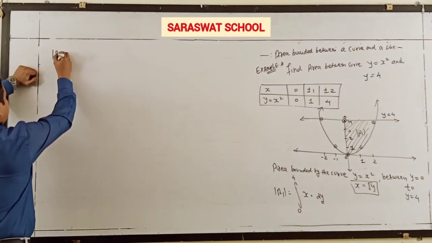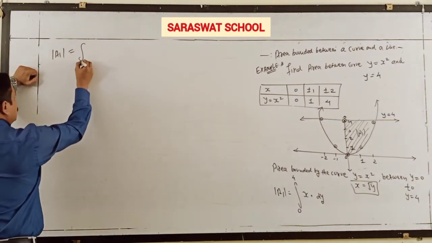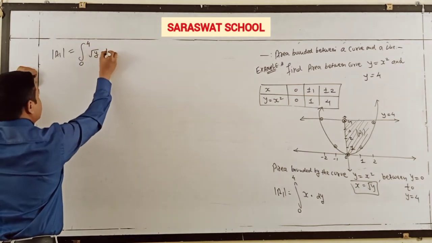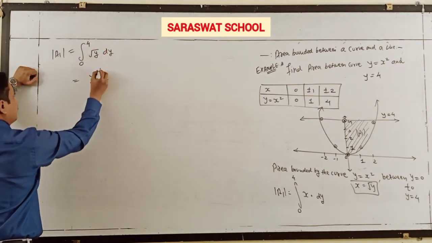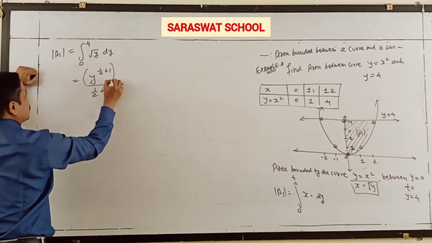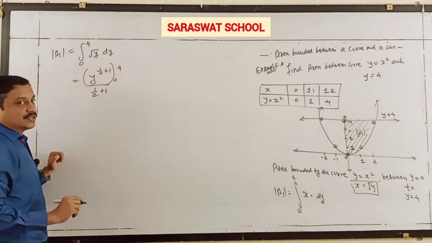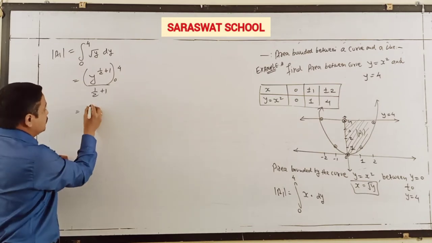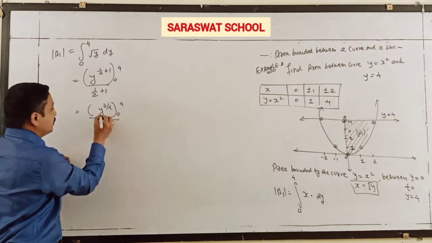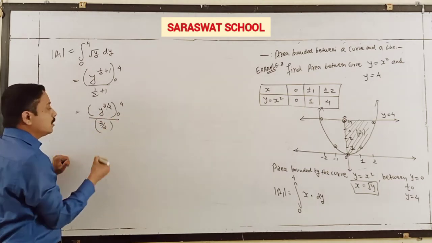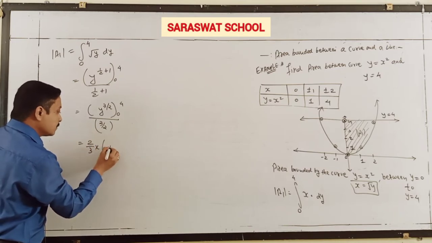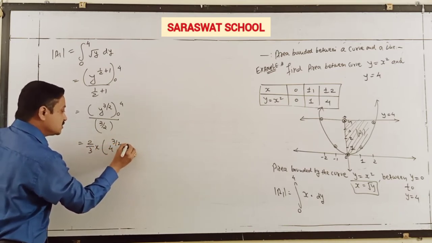So area A1 is from 0 to 4 of root y dy. So it becomes y to the half plus 1 by half plus 1, with limit 0 to 4. So here, students, y raised to 3 by 2 upon 3 by 2. So your answer is 2 by 3, 4 to the power 3 by 2 minus 0.